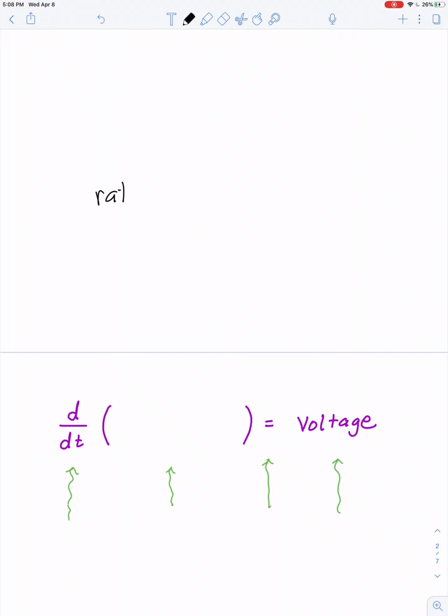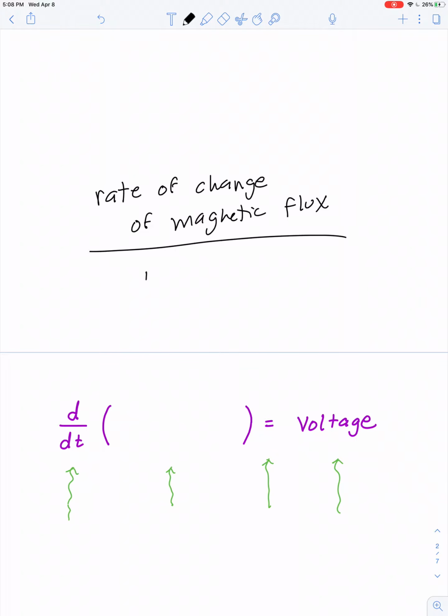So, rate of change of magnetic flux is the key to this unit 4.3, which is our study of something known as Faraday's law. In particular, Faraday's law of electromagnetic induction.